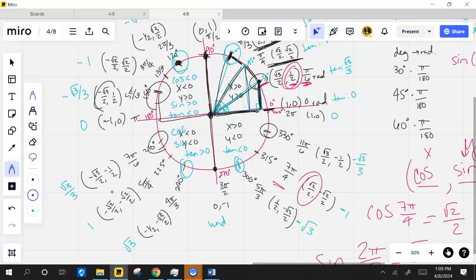What do you do to do negative? Go the other way. So go this way 45 degrees. What's the cosine of negative 45 degrees? Square root of 2 over 2. So instead of going counterclockwise, it's clockwise. Cosine is the x, sine is the y. So you just use the circle. You don't even use your calculator once you've got your circle.